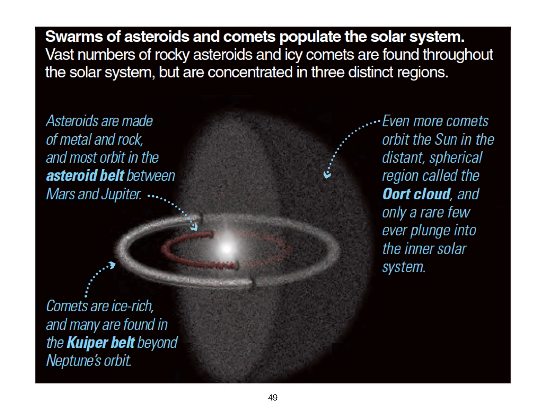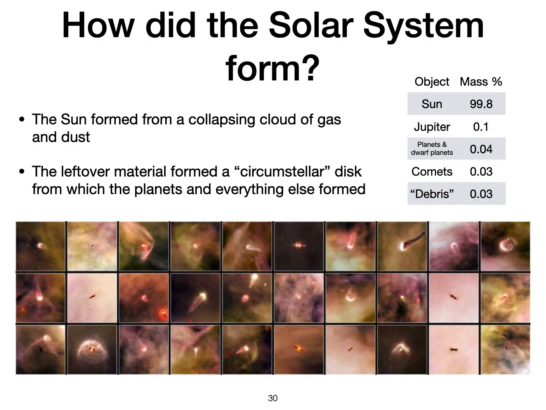These are all considered the debris of the solar system because, again, the vast majority of the mass is in the sun, and then most of the mass of what's remaining is in Jupiter, like this slide showed you. So comets and asteroids basically take up less than 1/10 of 1%.